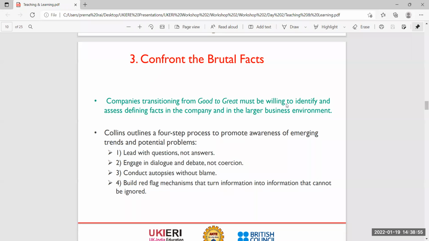Another one is confront the brutal facts. If you want to move from good to great, you must be willing to identify and assess some facts or risks. There may be lots of risks, so you should be able to confront those. Try to ask as many questions as possible.